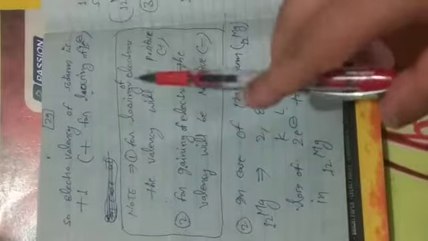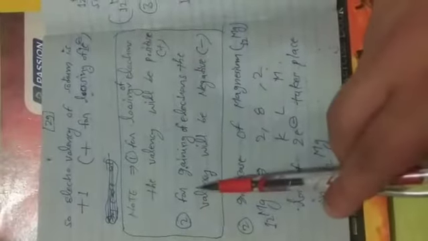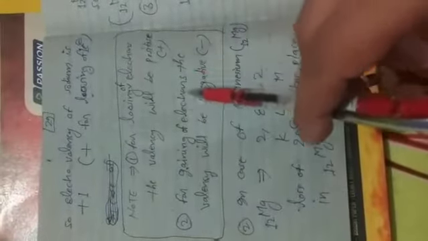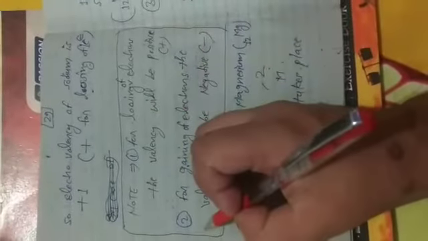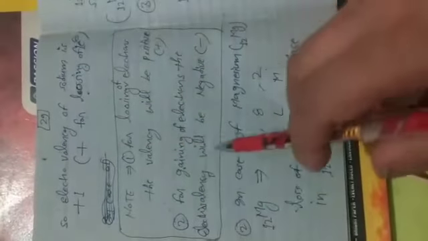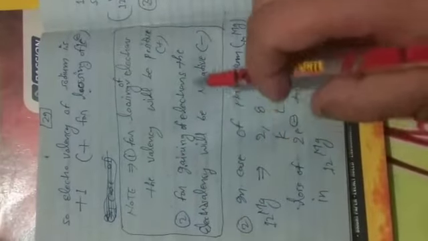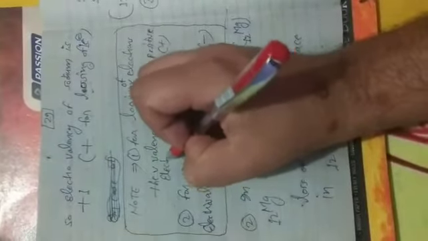Note the first point: for losing of electron the valency will be positive. For gaining of electron the electrovalency will be negative.